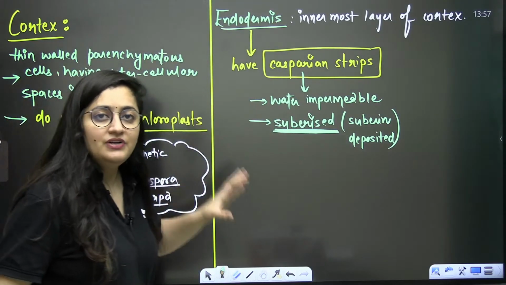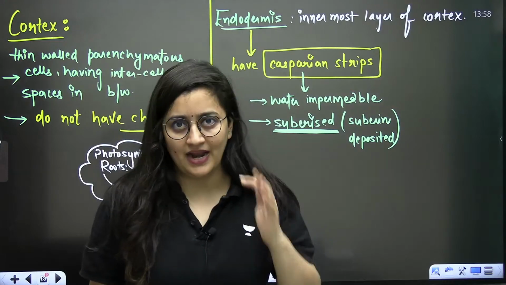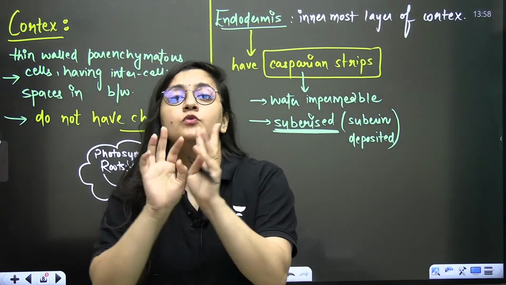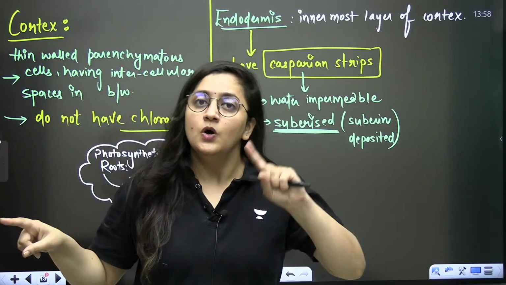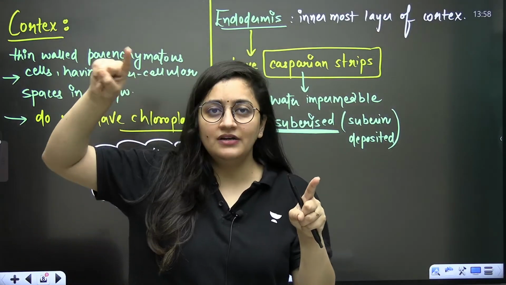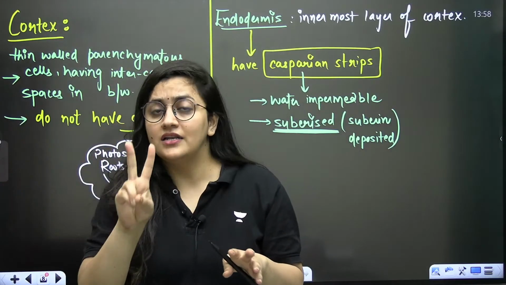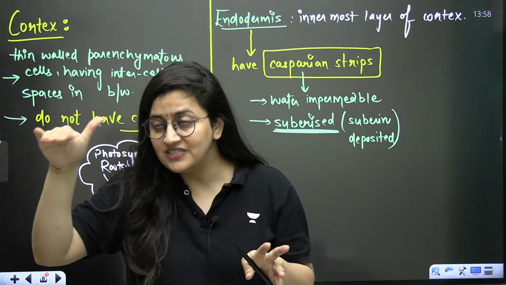This part we will discuss in the transport in plants chapter, in plant physiology, where you will see that plants form two pathways for water movement. One is the apoplast, which is through the dead spaces, the intercellular spaces, the cell wall. Another is the symplast, which is through the cytoplasm.